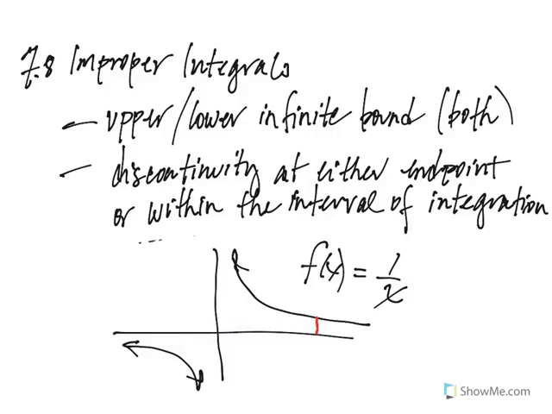Let's say that I have a discontinuity within the interval of integration. You might be integrating from, say, -2 to 2, where you've got a discontinuity right at x equals 0. And again, the way we're going to determine whether this area is finite or infinite is through integration, and that's what I'm going to show you in this section.